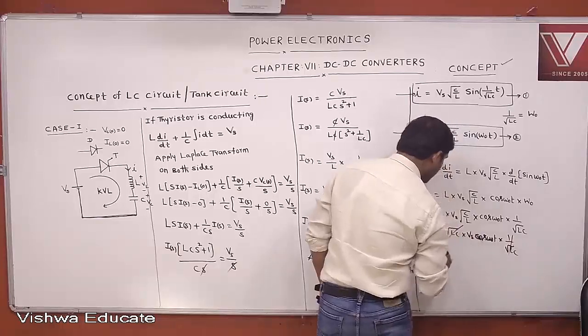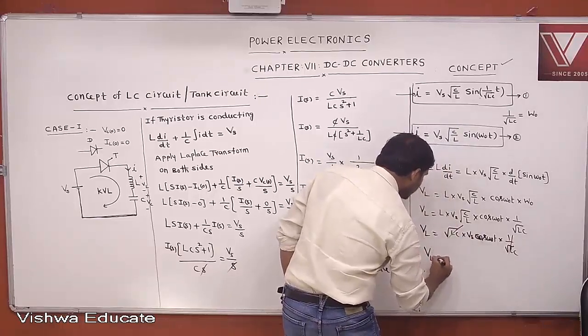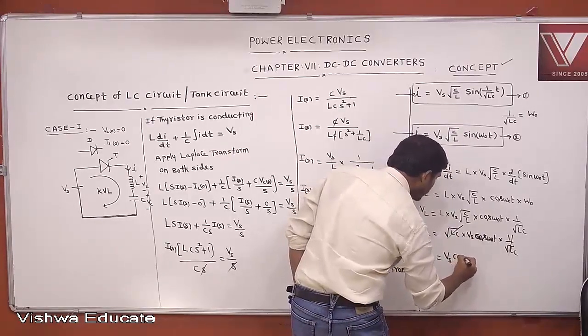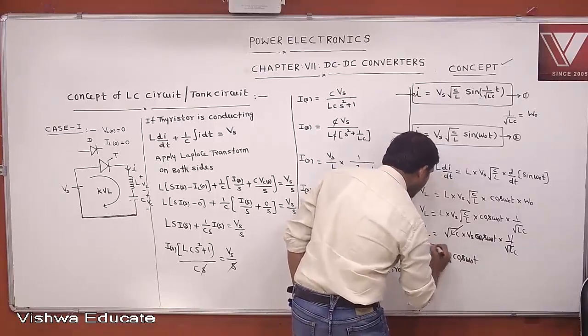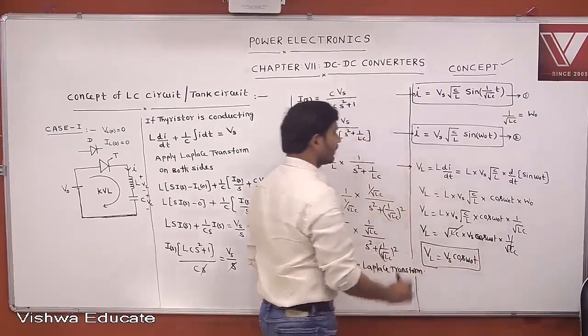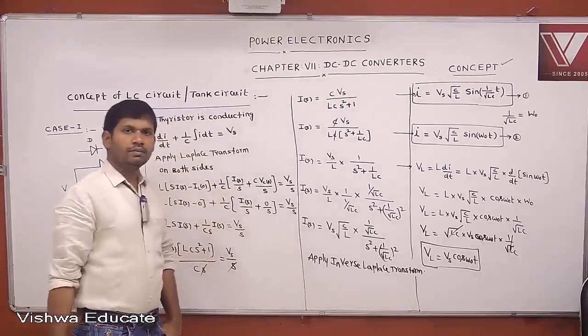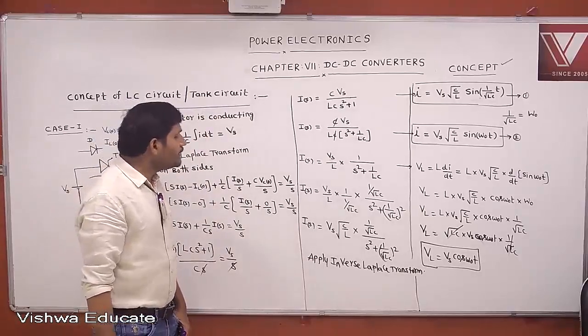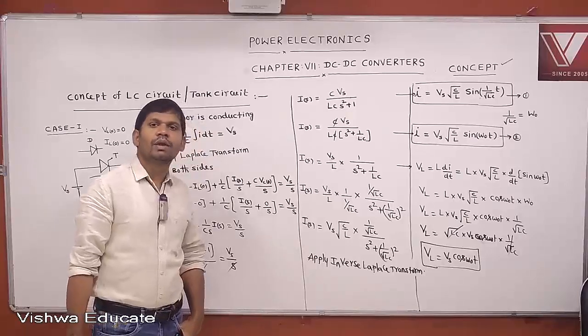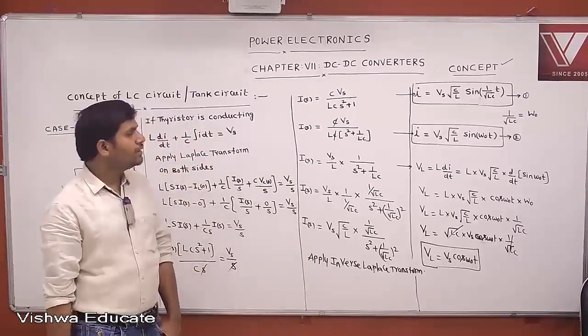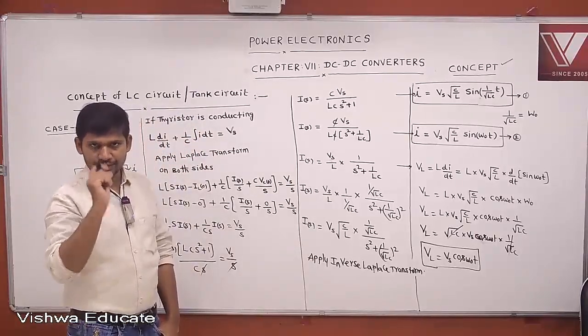These two cancel. Then the voltage across the inductor is Vs into cos omega naught t. That means in an LC circuit, the voltage across the inductor is Vs into cos omega naught t. This is the case without any initial conditions.